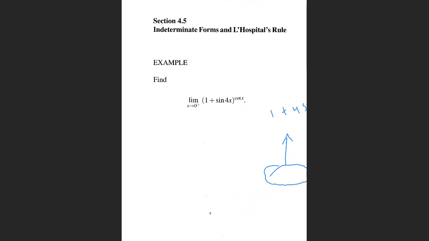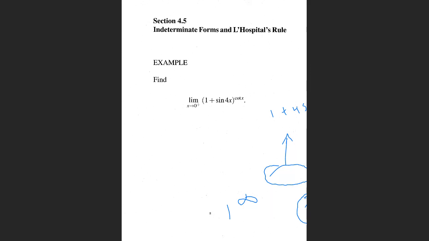So you have something going to 1 in the base, and then something going to infinity in the exponent. So you have an indeterminate form of 1 to the infinity power. That's indeterminate.